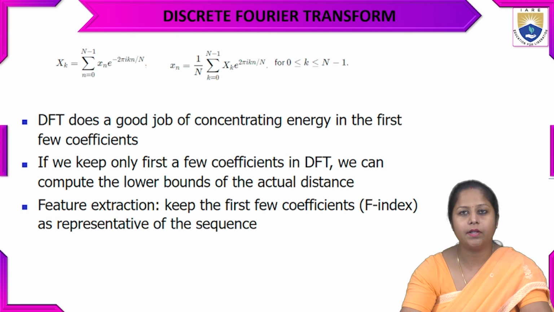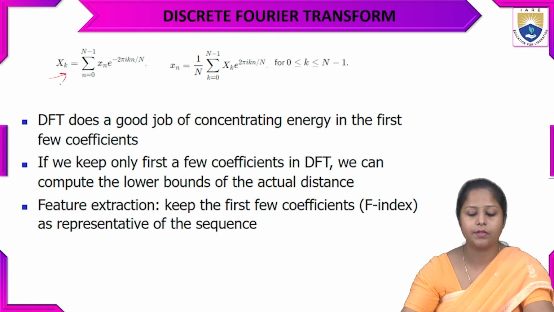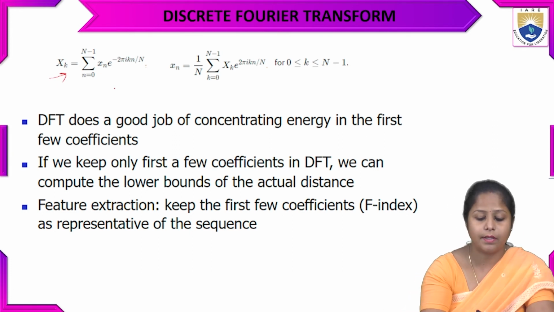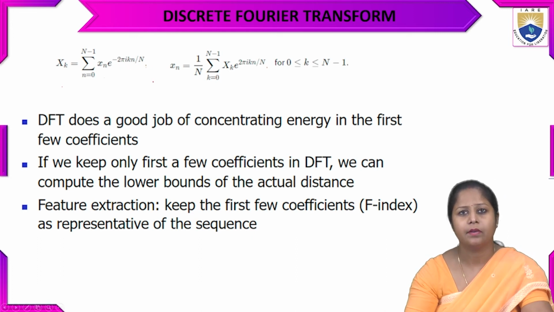So what is discrete Fourier transform? Here is the formula to calculate the discrete Fourier transform. In the first formula we are having X of k equals the summation over n from 0 to N minus 1 of x n e to the power minus 2 pi i k n divided by capital N, right?